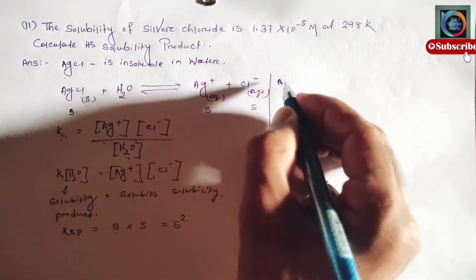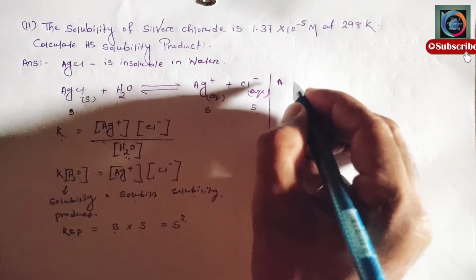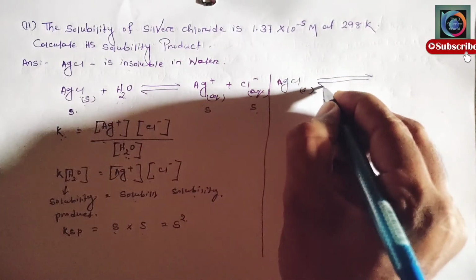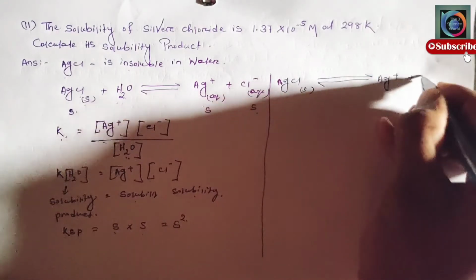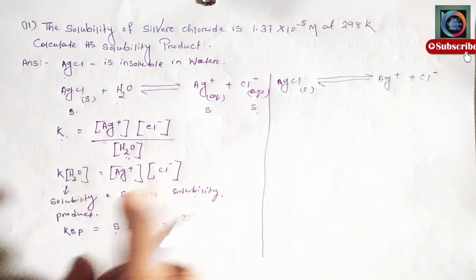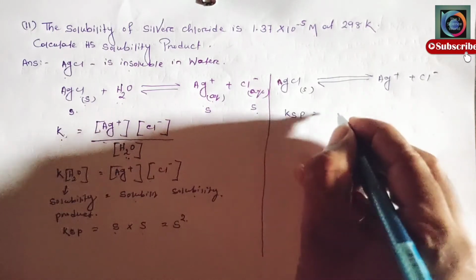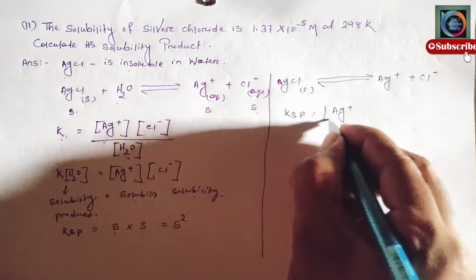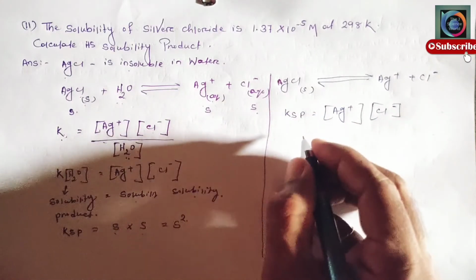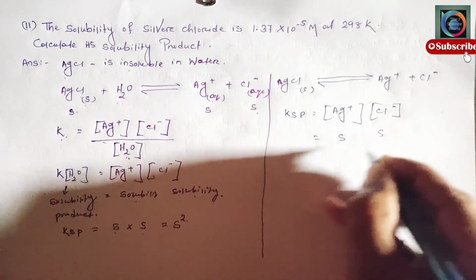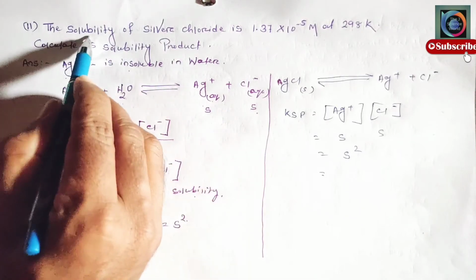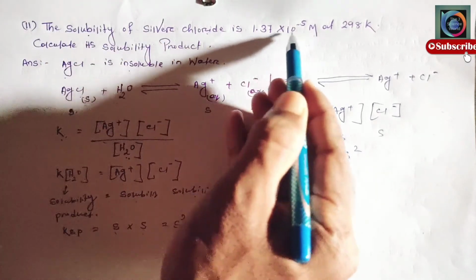Well, let's solve this question. AgCl gives Ag plus and Cl minus. Our Ksp, that is our solubility product, is Ag plus times Cl minus. Is it clear? Well, this is S and S square. According to this question, the solubility of silver chloride is 1.37 into 10 to the power minus 5 mole.